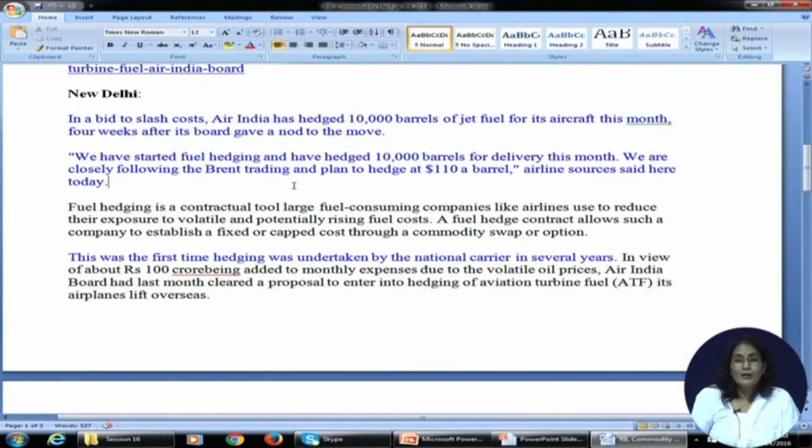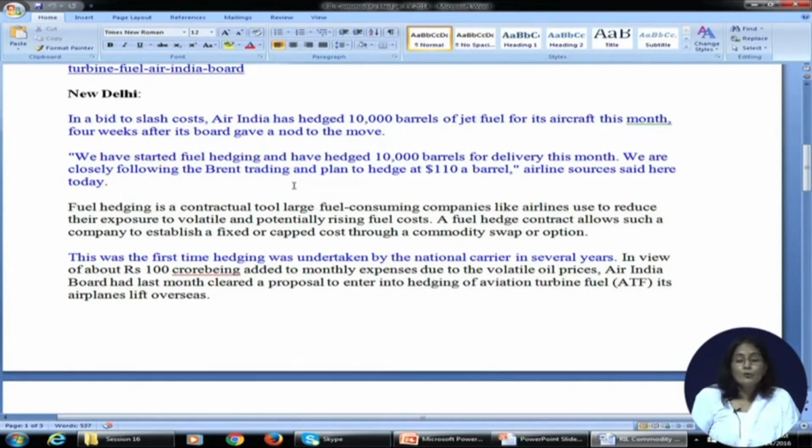That's not our agenda. But what I appreciate is that a company perceived to be slow and laid back has taken a very big leap in terms of its risk management policy, and has entered into the hedge to mitigate the aviation turbine fuel price risk.